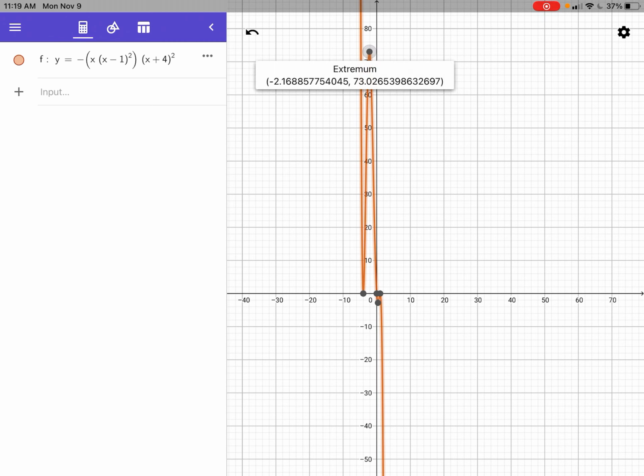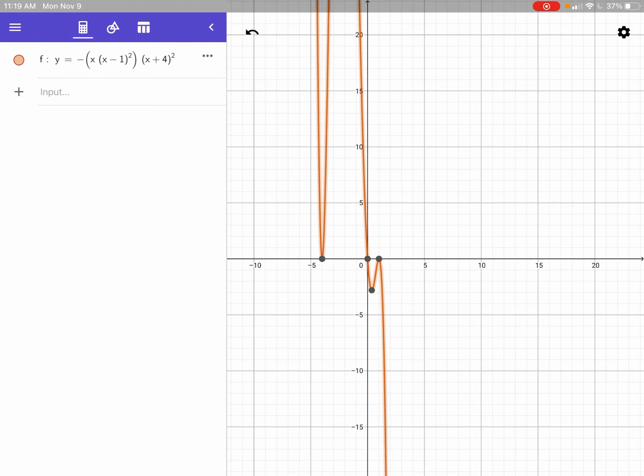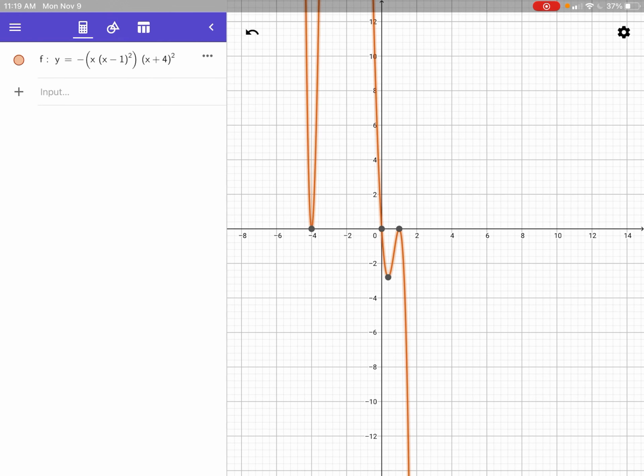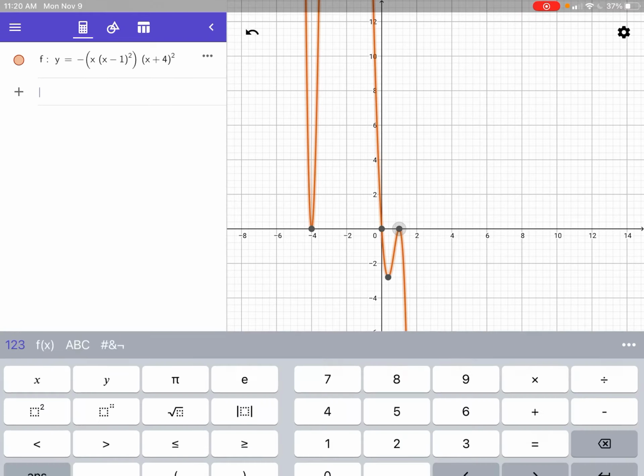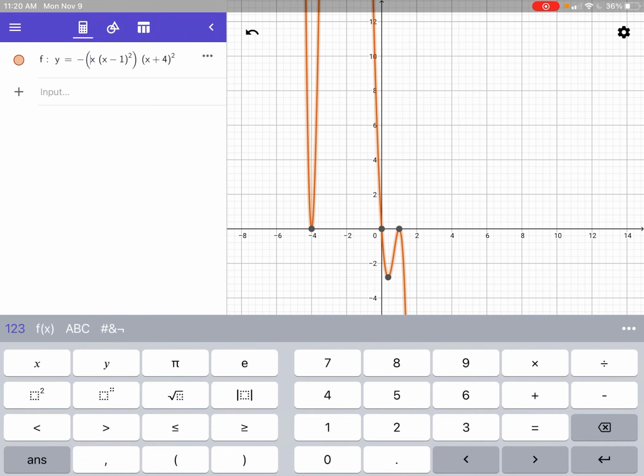If I tested somewhere in there, -2.16 would have been 73, right? But then how accurate do you want this? Now I can't even see some of this that was going on in there, right? Again, you could create the table of values. Oh, I don't like how they changed my parentheses here, but overall it didn't affect the graph, right?